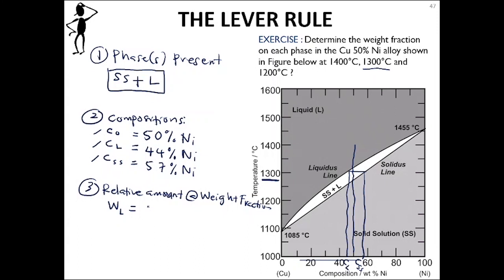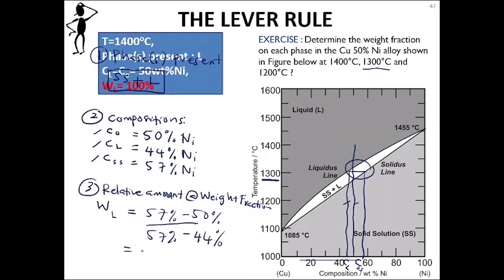So the CSS is 57% minus C naught, which is 50%, divided by the overall length, which is CSS 57% minus CL 44%. For the weight percentage of liquid, we will get 54% of liquid in that region.